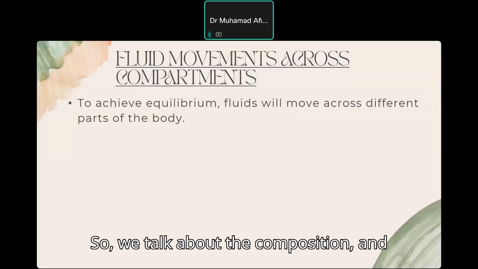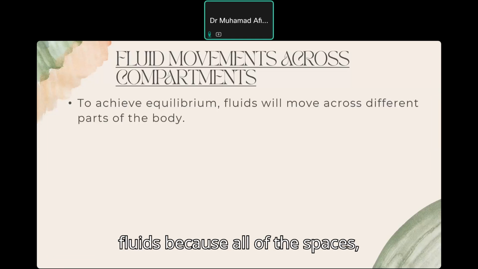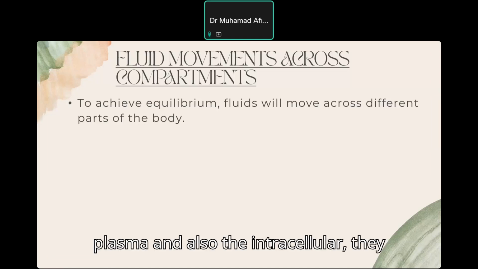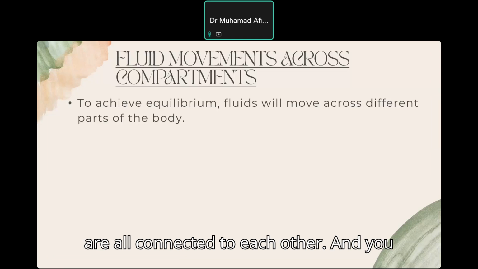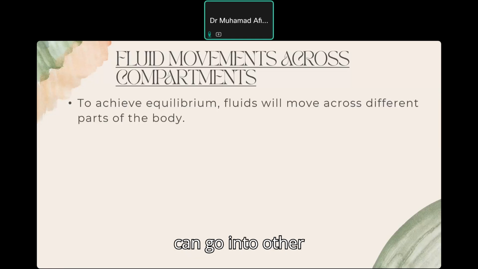So we talked about the composition, and now we will talk about movement of fluids, because all of the spaces, the interstitial, the blood plasma, and the intracellular, are all connected to each other. Through the membrane, the fluid can go into other spaces.